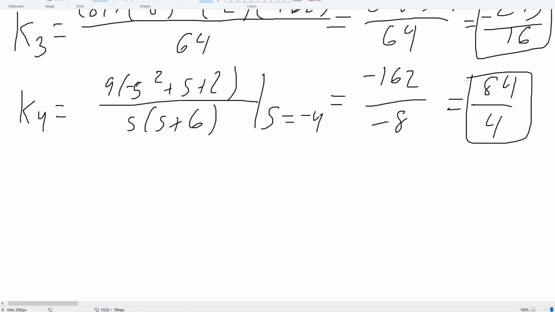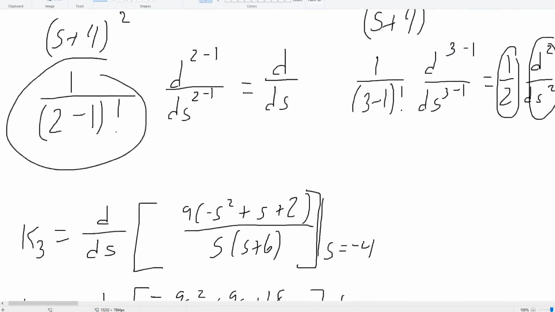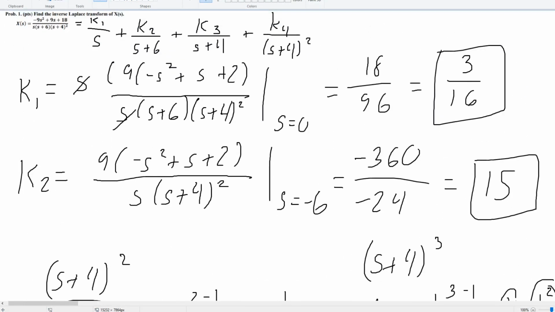So, you now have K1, K2, K3, and K4. The next step, so you would put all the values over here. So it would be 3 over 16. I'll just write it down over here.